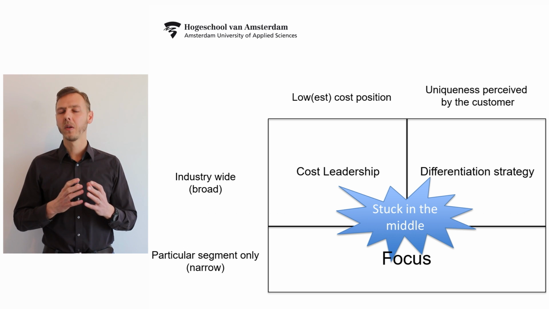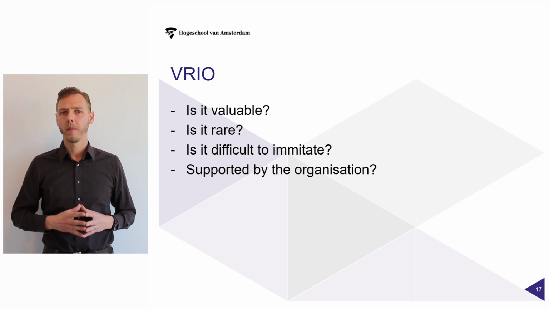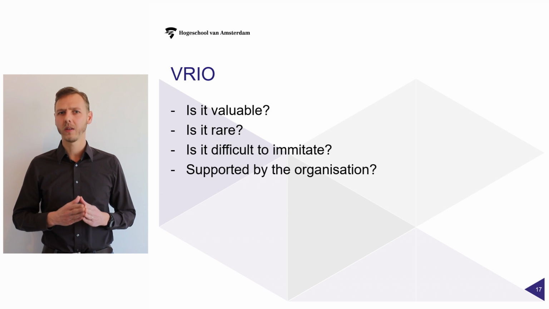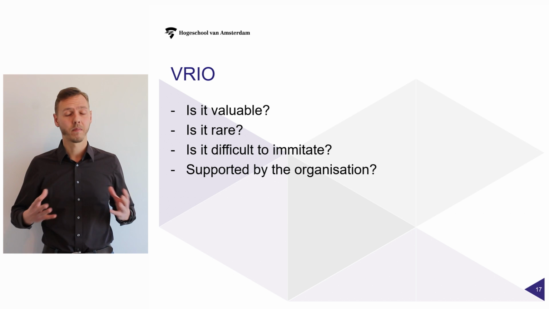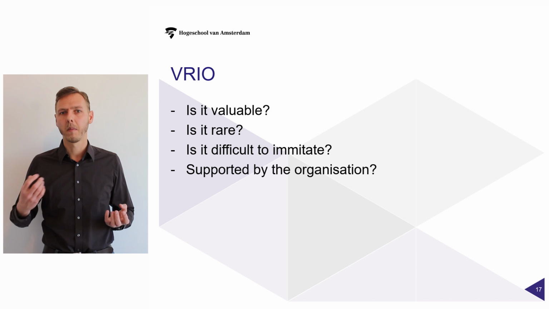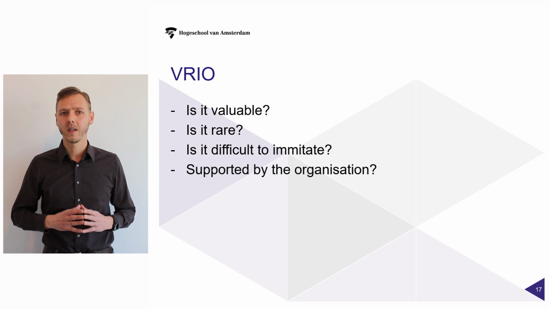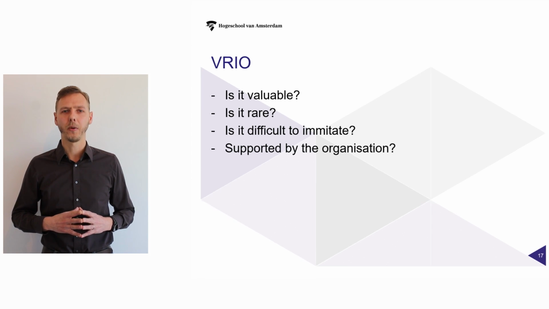So stuck in the middle is sometimes also mentioned as a strategy, but you really have to look closely at whether this strategy is sustainable, whether it's not easy to imitate by competitors, and whether it's such a special strategy that your business can run on it. So that's stuck in the middle.